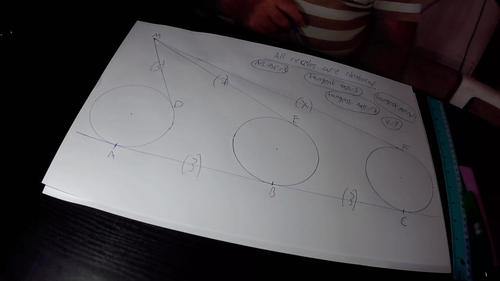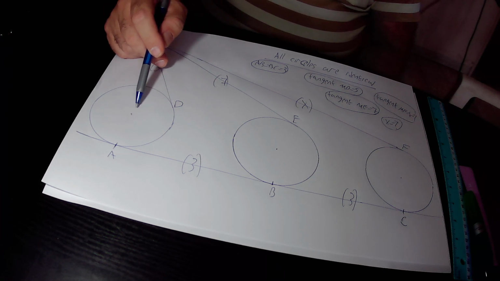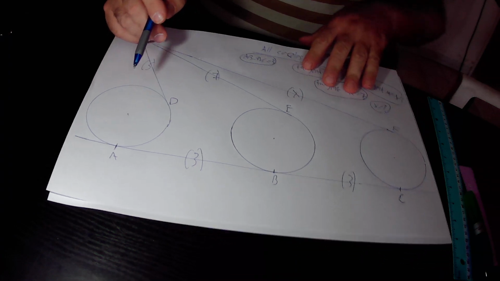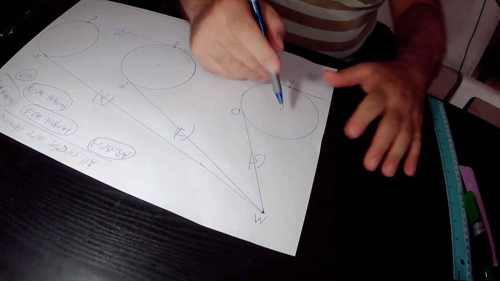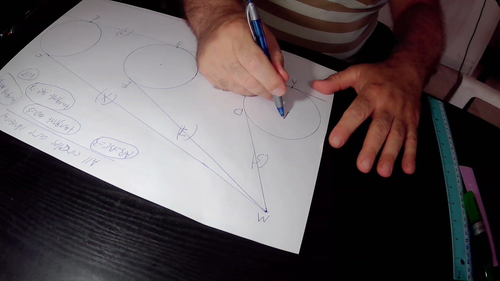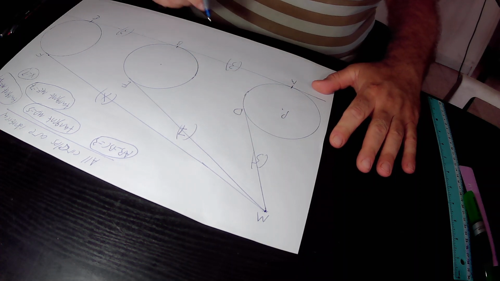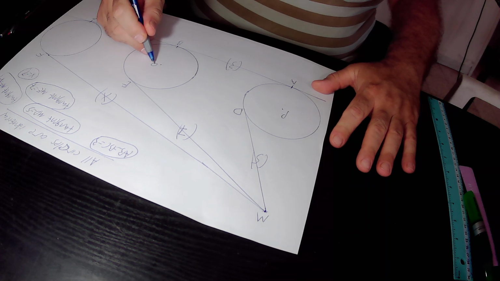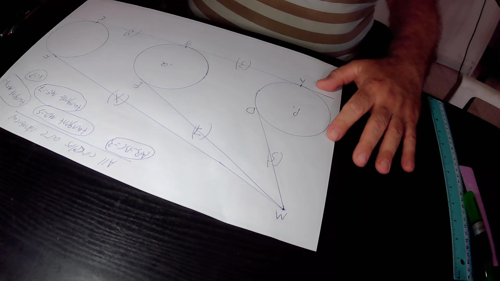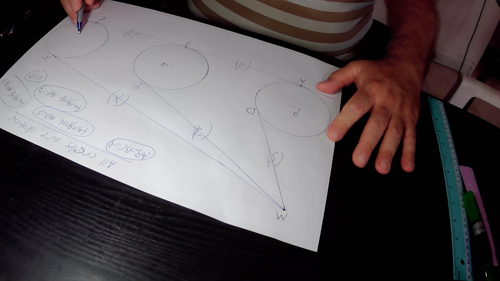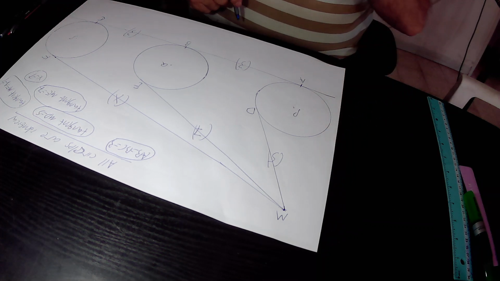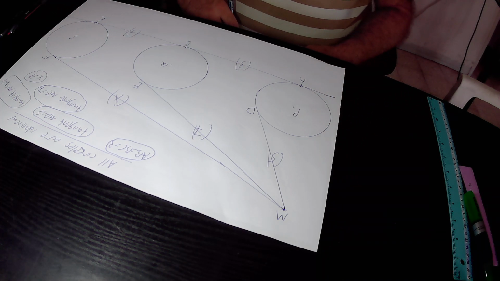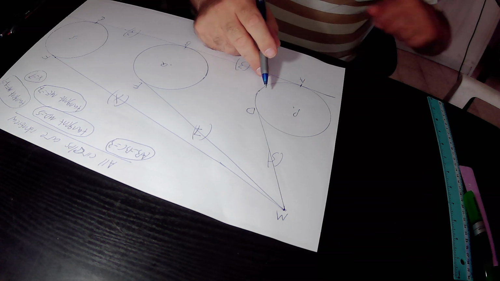Okay, so first of all, we define the center of this circle, this point, as point P. We define the center of this middle circle, this point, as point Q. And finally, we define the center of this circle, this point, as point S. In the next step, we join points P and D together by a straight line.